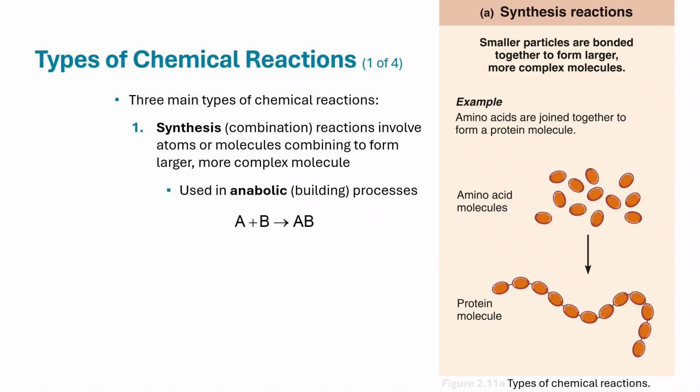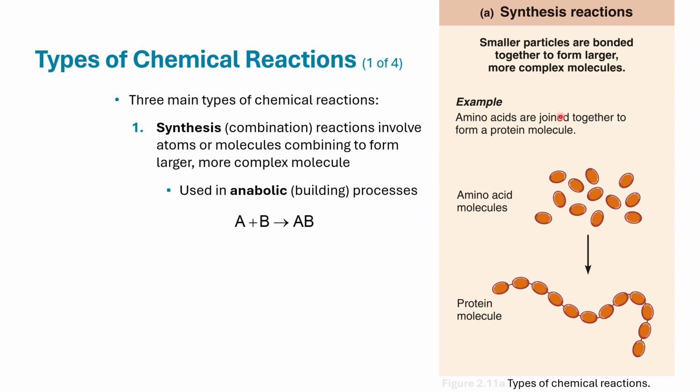Types of chemical reactions. There are 3 main types. The first is a synthesis reaction. Combination reactions involve atoms or molecules combining to form larger, more complex molecules. These are used in anatomy in our anabolic building processes.